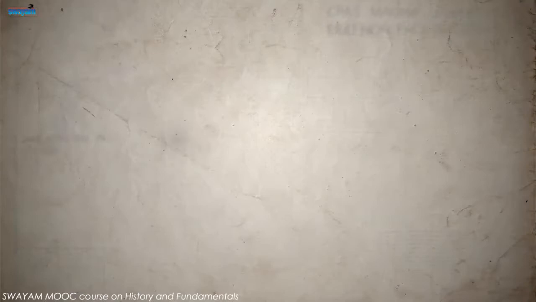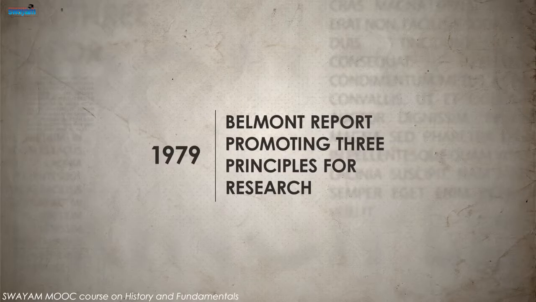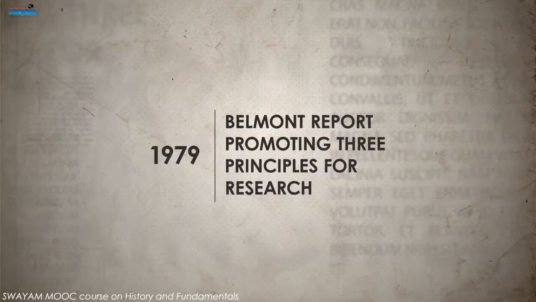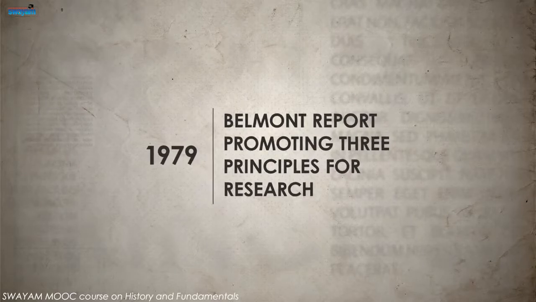The next one is the 1979 Belmont Report, released by the National Commission for the Protection of Human Subjects of Biomedical and Behavioral Research in the United States of America. For the first time, the three basic ethical principles of research involving human subjects were implemented. We will see what those basic principles are and the aspects related to them in the upcoming slides.